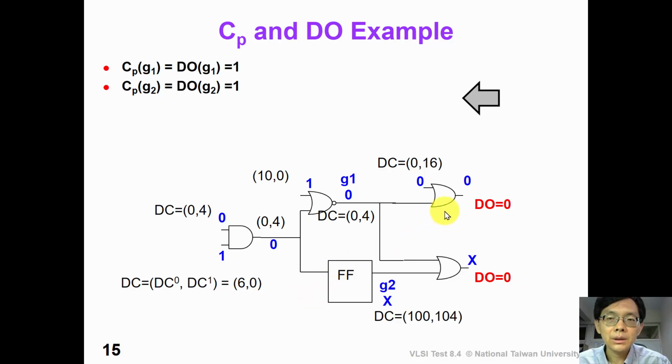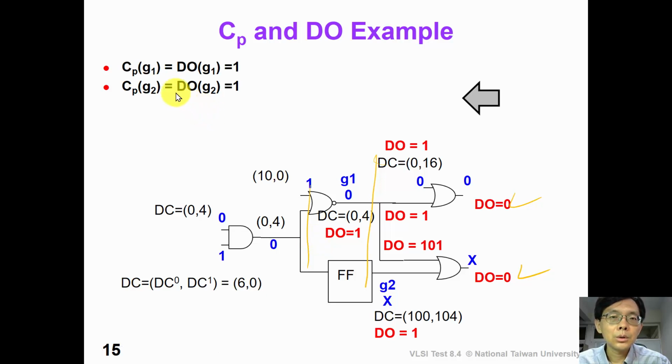Given this circuit, we can calculate the dynamic observability starting from the primary output to the left, one level at a time. So we know the propagation cost of G1 is equal to the dynamic observability of G1, which is 1.